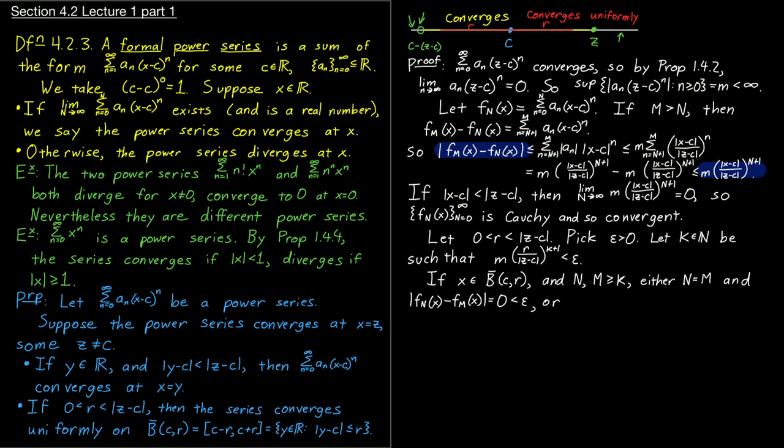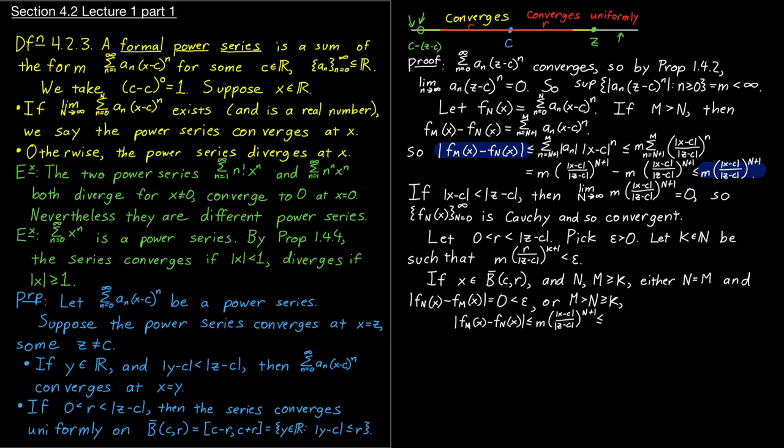or m is bigger than n is bigger than or equal to k, and then our difference |f_m(x) − f_n(x)| is less than or equal to M times (|x − c| over |z − c|) to the n plus 1.